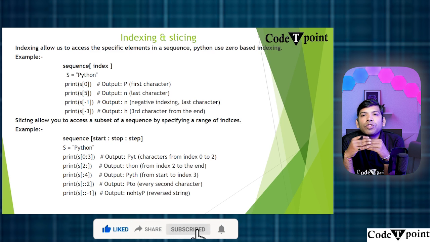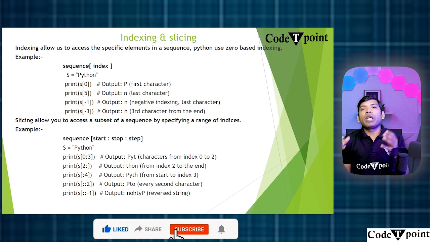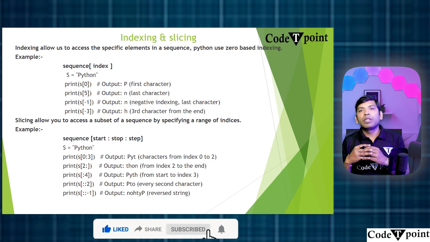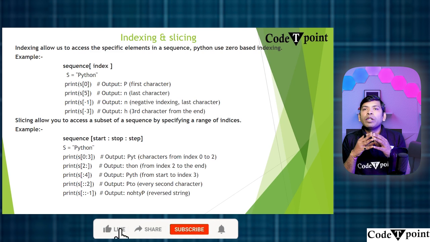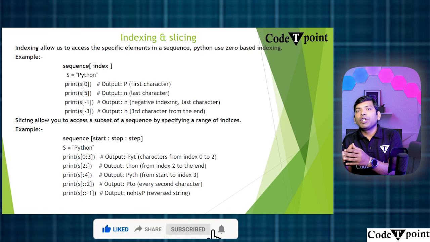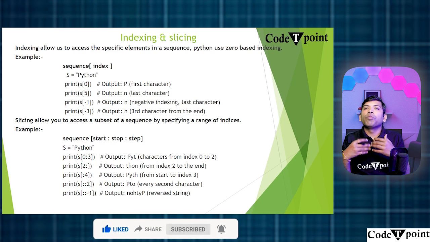The second concept of today's agenda is slicing. If we extract multiple elements from a sequence data type, then we call it slicing. In other words, it's a subset of a sequence data type when we try to extract more than one element.